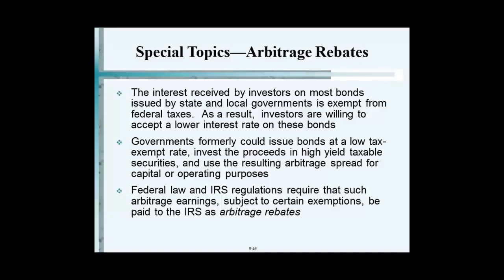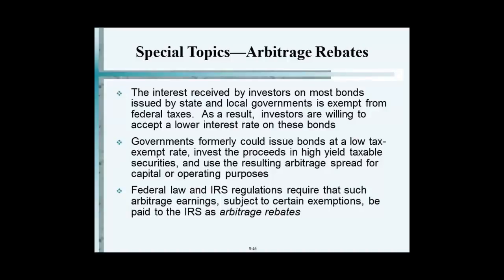Read this slide. The federal government has this rule that if you make money beyond what the regs say, for instance, you need to spend all the proceeds on the tax-exempt bond within a certain period of time.